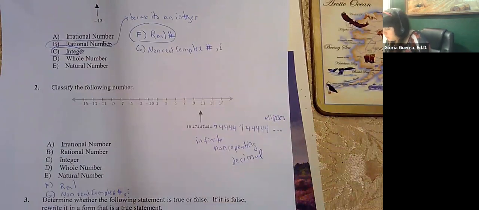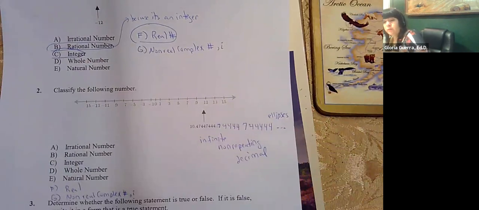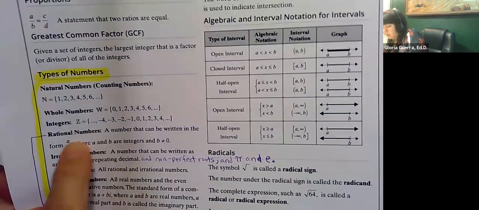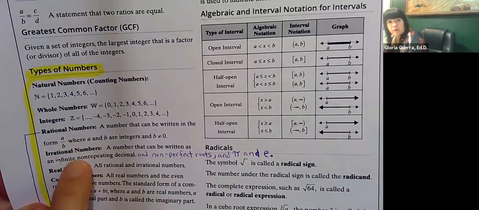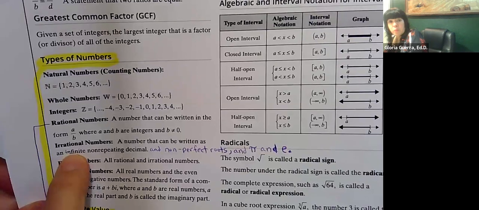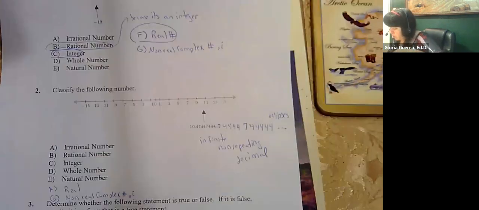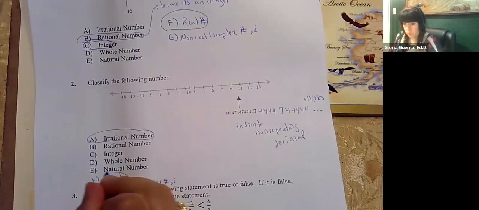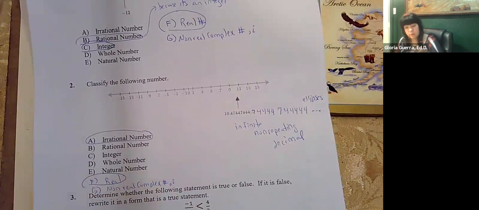Okay. So that means that if we put that under infinite non-repeating decimal, that means we're looking at it being irrational. Okay, irrational. And also it's going to be a real number.